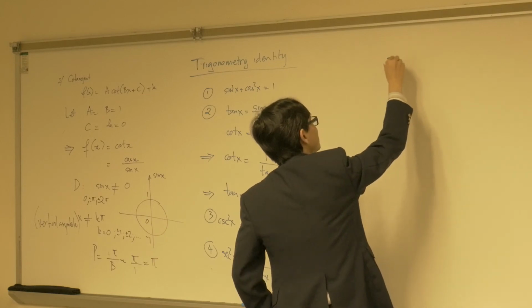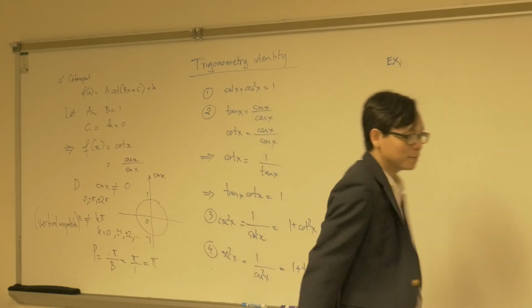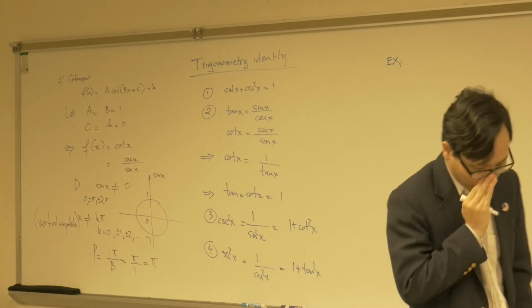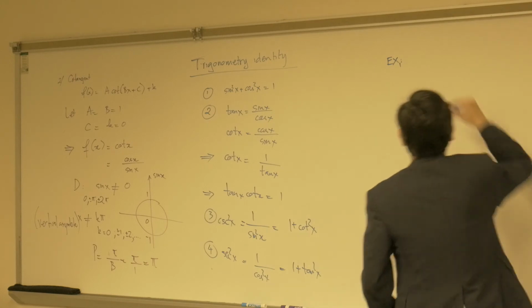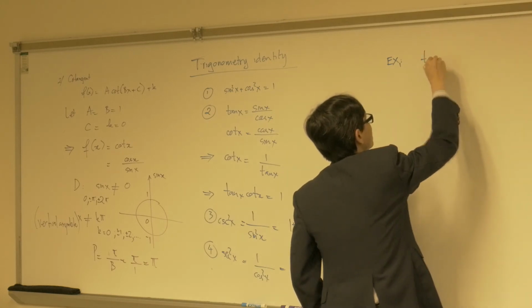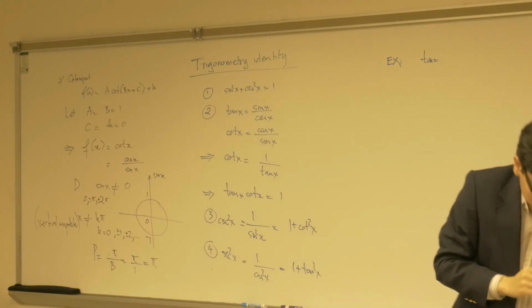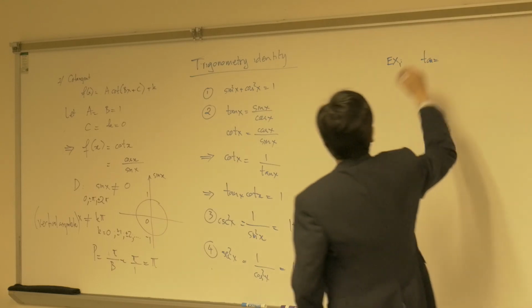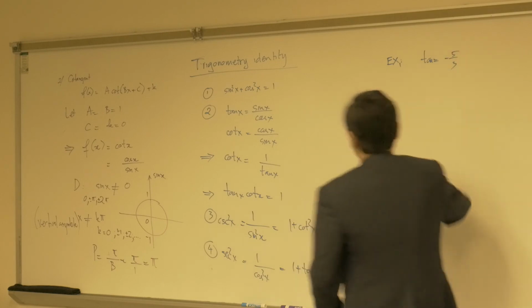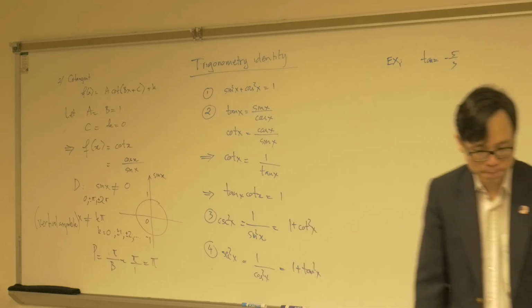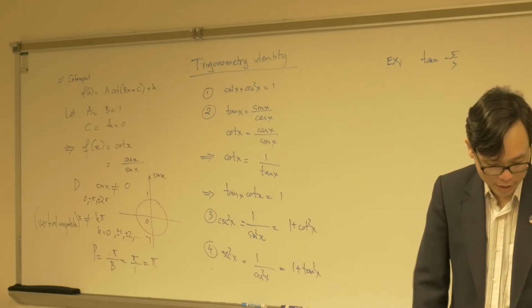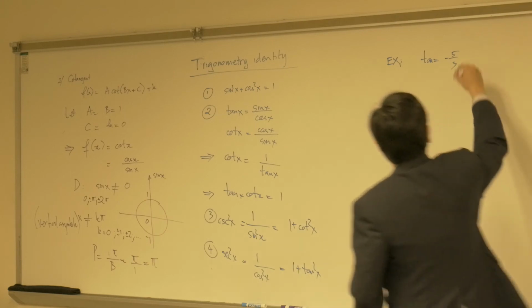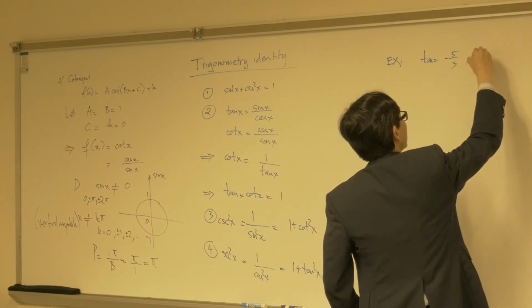Our first example. I give you tangent equal to negative 5 over 3, and I want you to find the other function values.